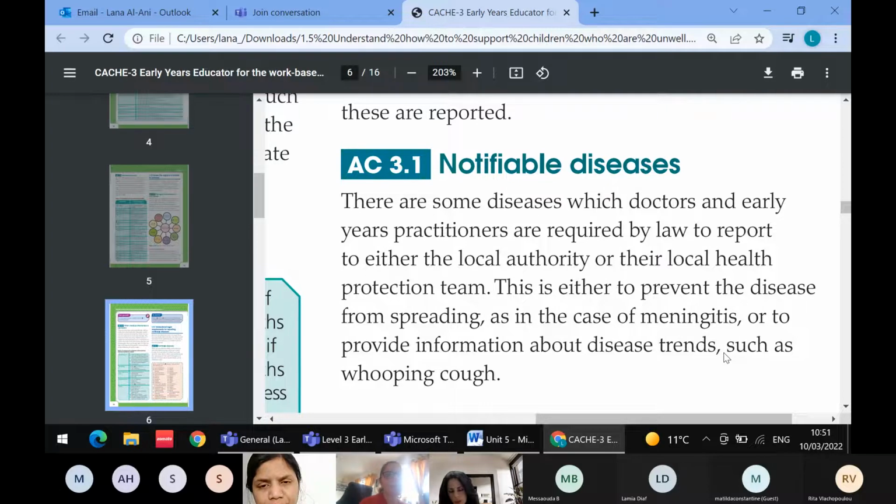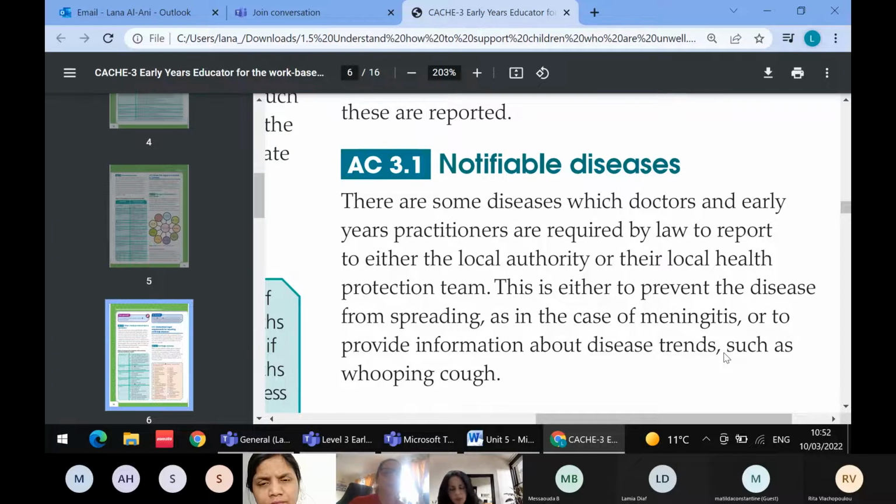Yeah, so for these notifiable diseases, we have to notify doctors. We have to report them by law. We can't just pass it. We have to report it to the local authority. Usually in Hungary, the GP reports the dangerous sicknesses of the children. Yeah, absolutely.